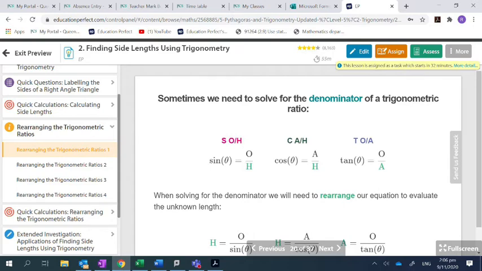That doesn't change the process for clearing the fraction, but instead of just having 7 times the cosine of 47 degrees, you're going to have to divide to get the x by itself. Anything multiplied times the letter, you can just divide both sides by that to eliminate it.